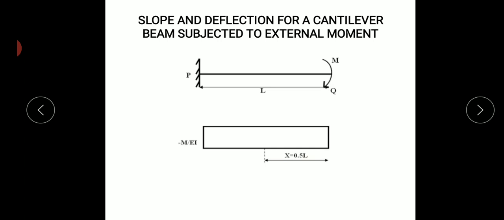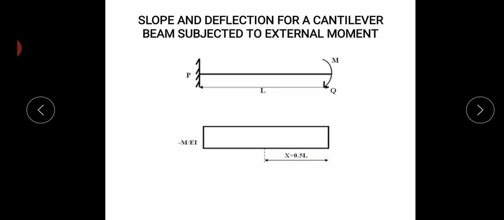Why at point Q? Because Q is a free end, and in a cantilever beam the deflection is maximum at the free end. I am supposed to calculate the maximum deflection where it occurs, so the reference point will be Q.